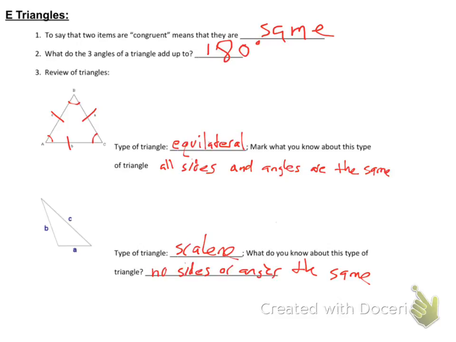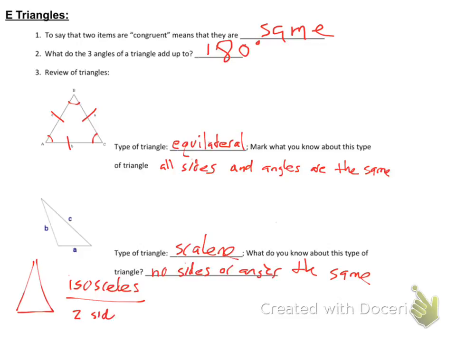Now, the one thing I did leave off, and I'll have to draw it in the bottom here, is this one. This one appears to be the name isosceles. And what's so special about isosceles?